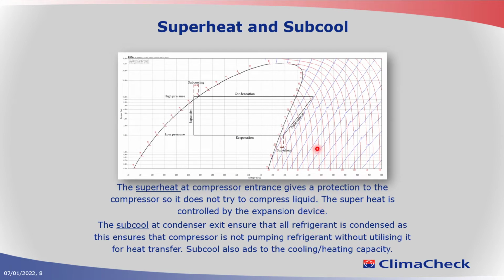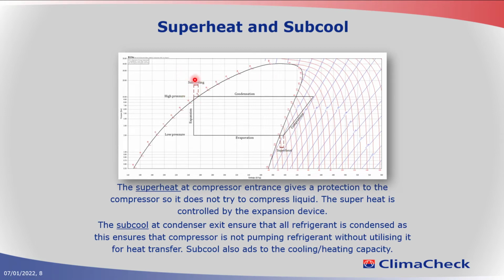As I already mentioned, we can also see the superheat in this diagram. The difference from this point, where I have exactly 100% vapor, and then I superheat that vapor, I increase the temperature, to this point, which is the suction temperature into the compressor, the difference between here is my superheat.